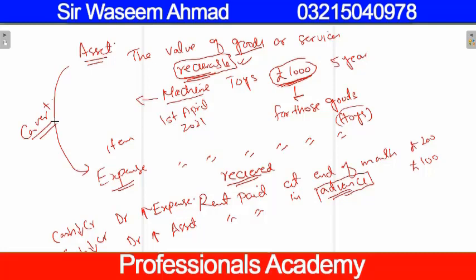For example, machinery, fixtures, premises, vehicle, etc. But there are other payments where you have to apply the concept. Rent normally treated as an expense, but when it is paid in advance, it is not an expense because services are receivable.